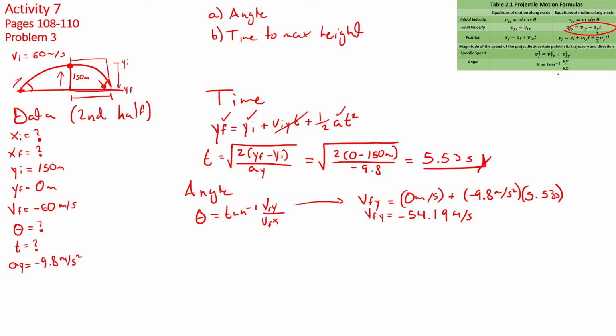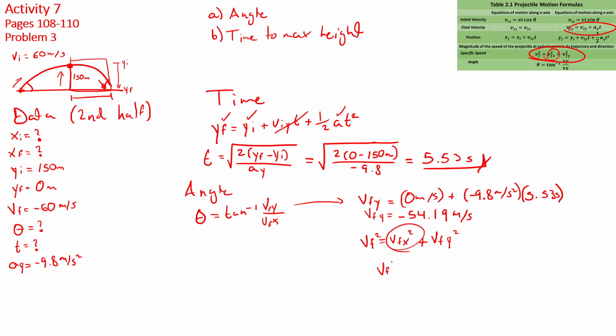So we can use this other formula to calculate the final velocity in the x-axis. Final velocity squared is equal to the final velocity in the x-axis squared plus the final velocity in the y-axis squared. I want to solve for this.